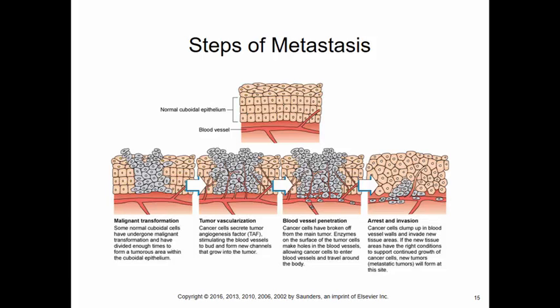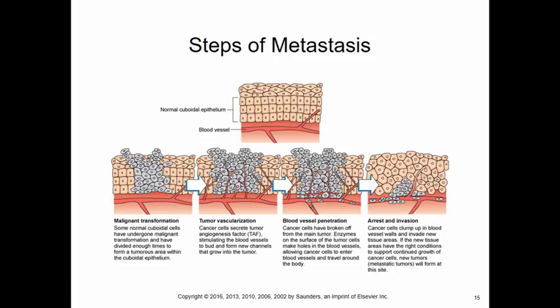Here are some steps of that metastasis. Tumors secrete enzymes and that opens up that surrounding tissue and it helps get those cancer cells moving around. Bloodborne metastasis is going to be when the tumor cells release into the blood. This is the most common cause of metastasis.